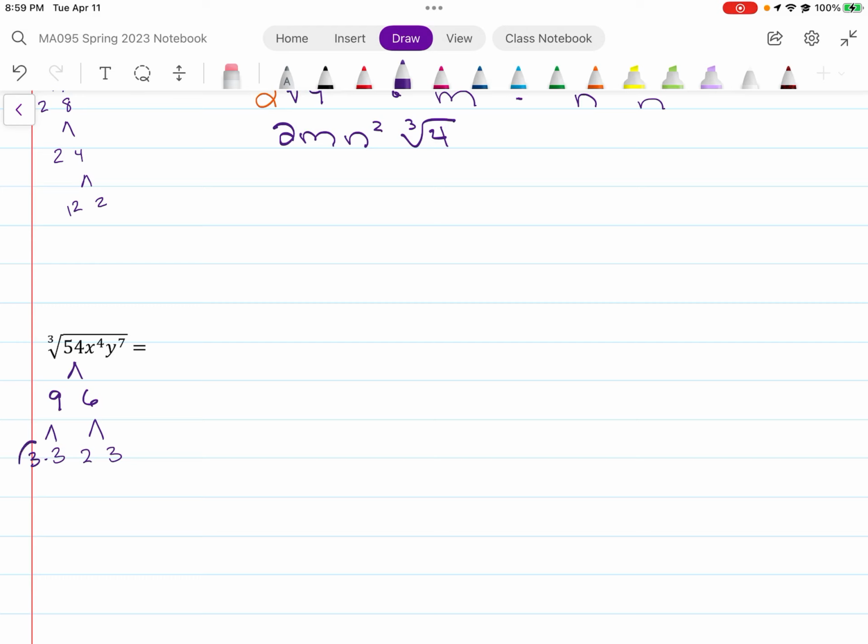Oh, look, I've got 3 3s. Look at that. So let's think about that. So I've got 3 cubed, and I've got 3 times 3 times 3 times 2. That's my number portion, okay? And then I've got x, I'm taking the cube root, so I want to pull out cubes. So let's write it like this, x cubed times x. That's x to the 4th.